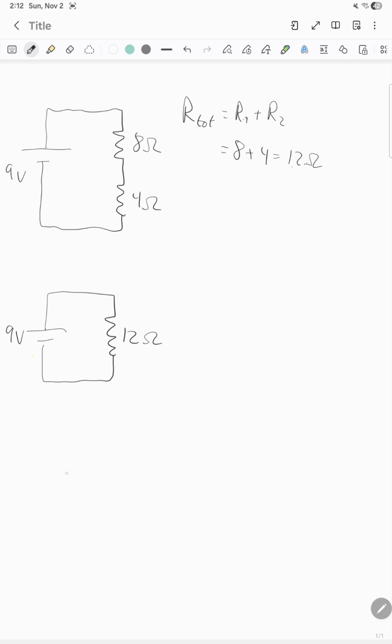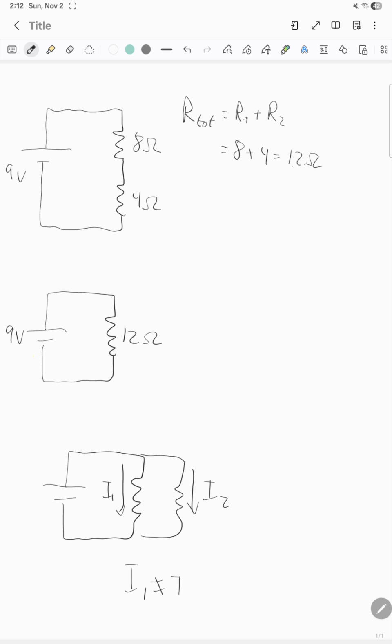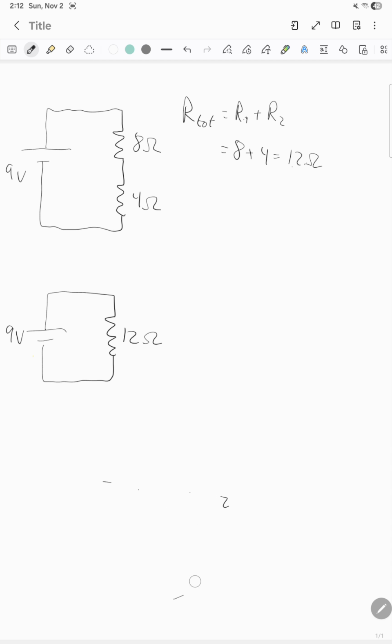If you have a parallel circuit like this, the current passing here will not be equal to the current like this. So let's say I1 here and I2. I1 will not be equal to I2, but the voltage will be equal here. Voltage of the battery here will be equal to the voltage of this resistor.